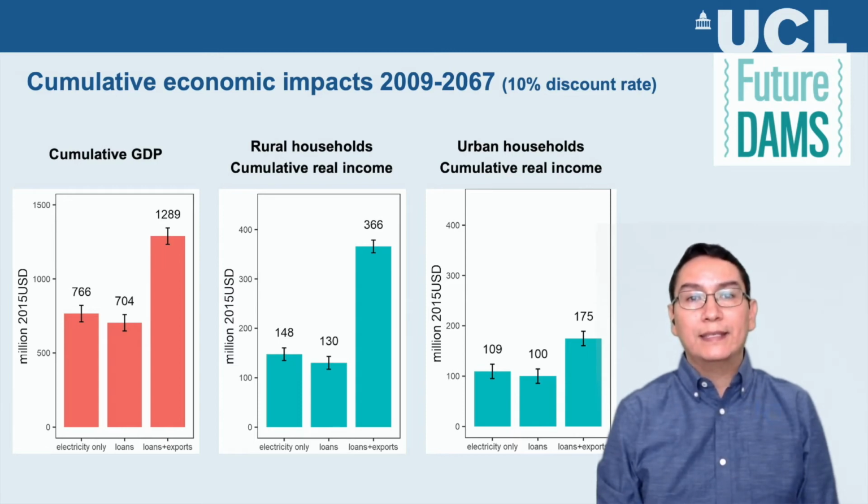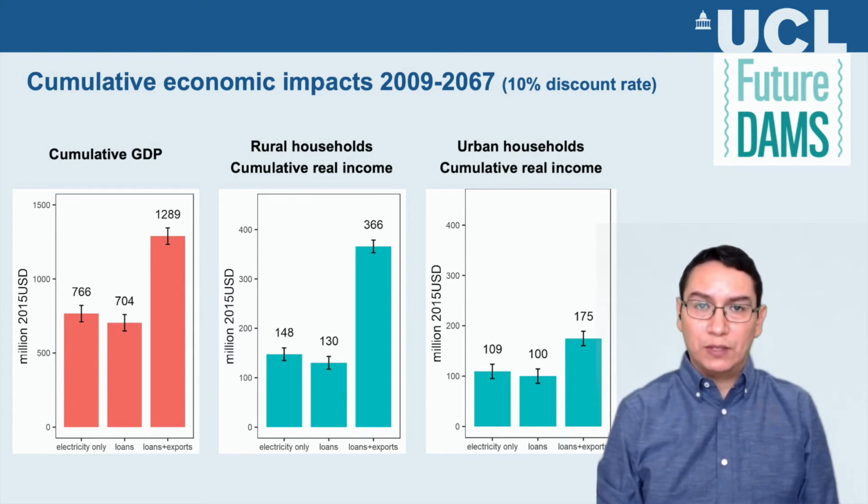Here we can see the discounted cumulative GDP and the discounted cumulative real income of rural and urban households. The cumulative GDP impact in the electricity-only scenario is $766 million, larger than the initial value of the project, which cost $622 million, meaning an overall positive impact of the Bui Dam.